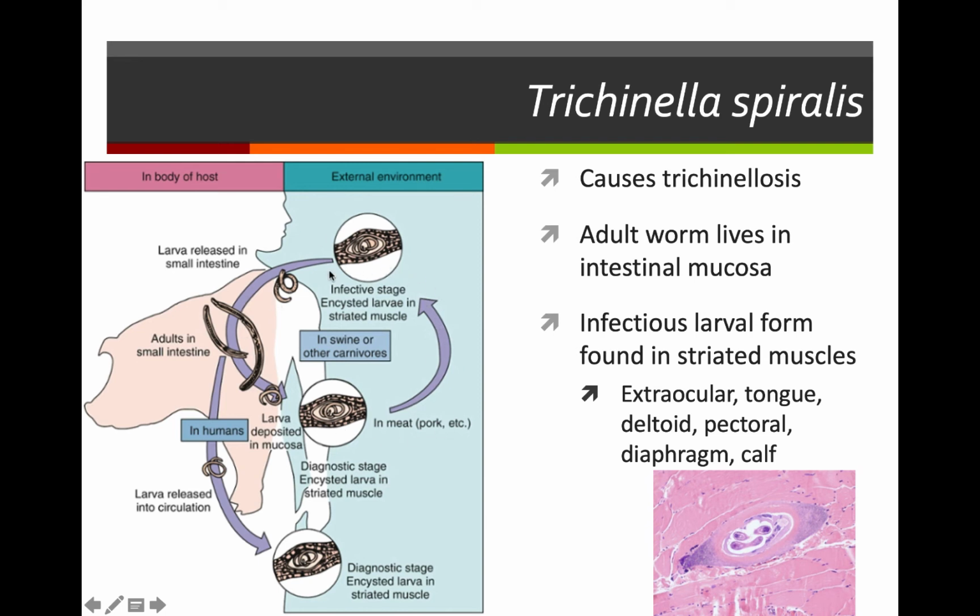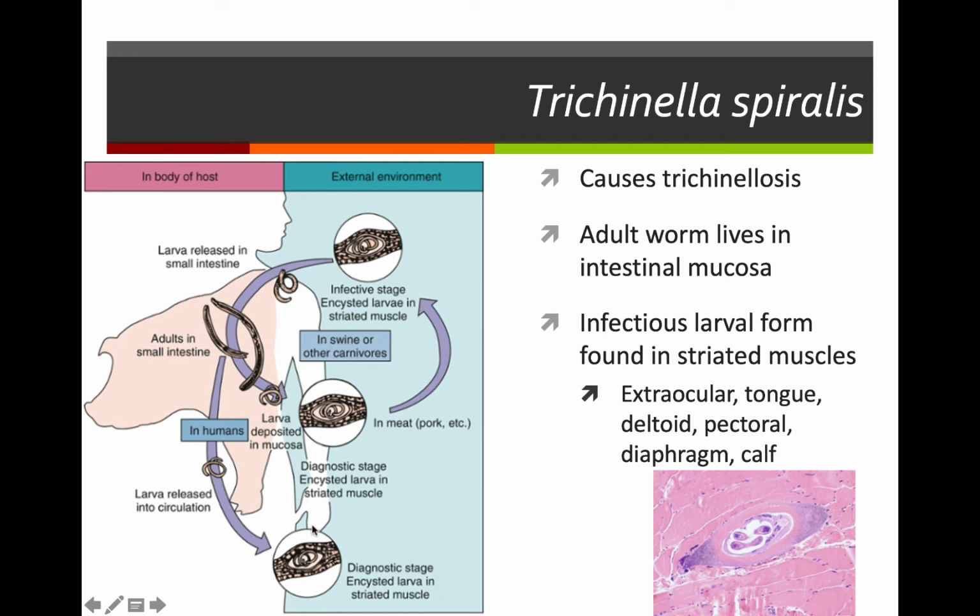A pig can infect a different carnivore. At some point, a pig or another animal will ingest meat that contains the worm in its encysted larval form. It will be released in the small intestine where they'll mature into adults. The larvae will go into circulation and deposit themselves in muscles.